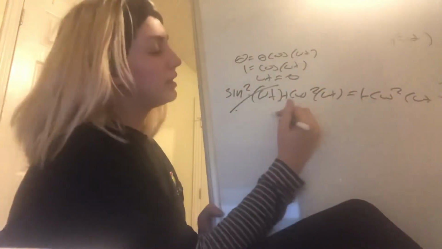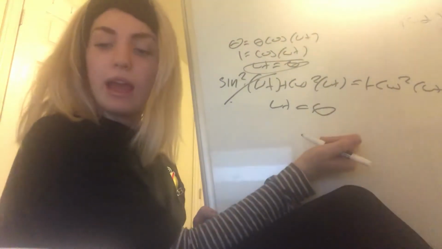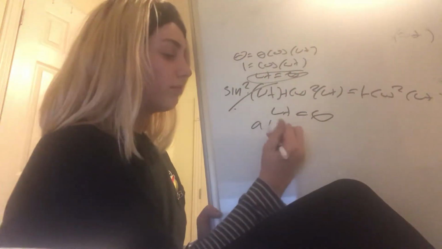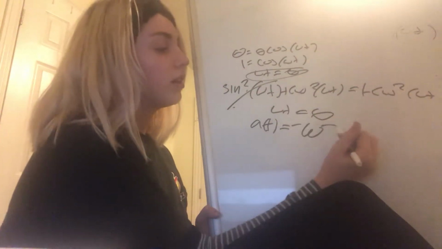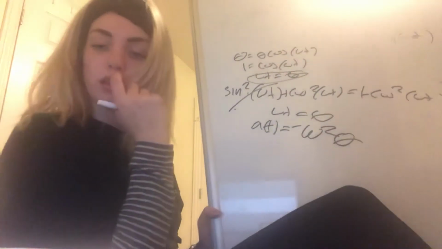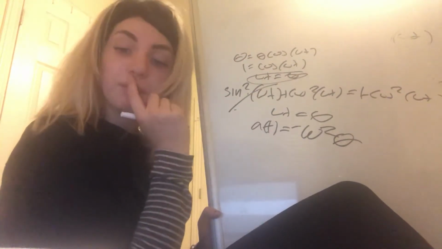So omega of t equals 0, and alpha of t equals negative omega squared theta.